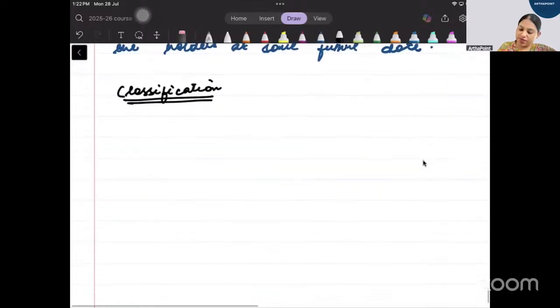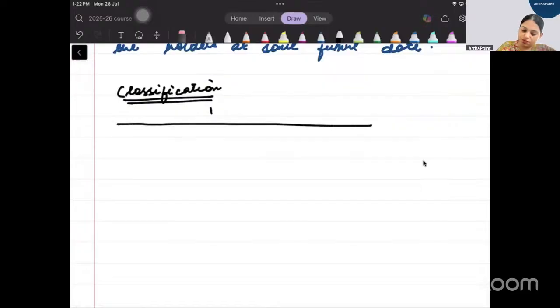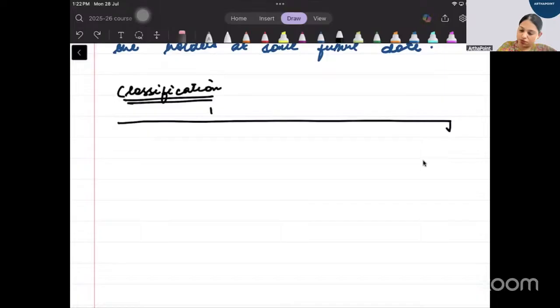So the first one that we have is by source of borrowing. From where have you borrowed this money?